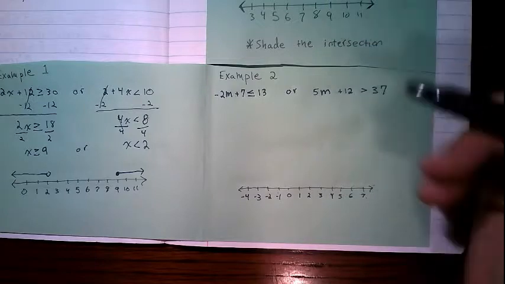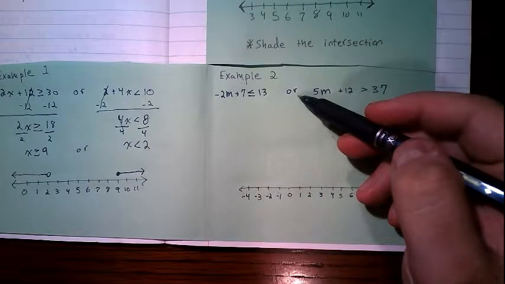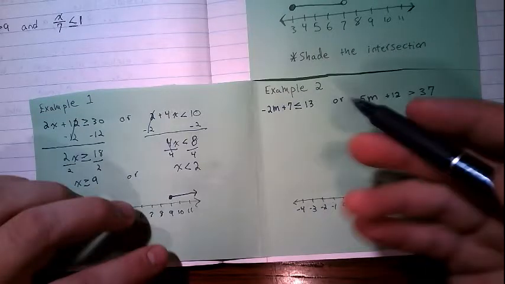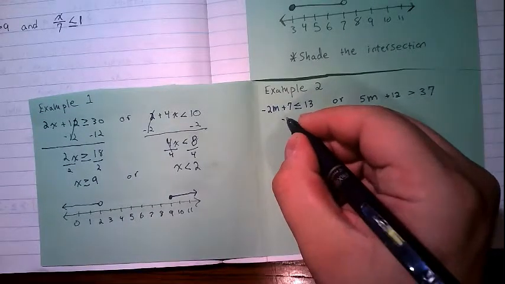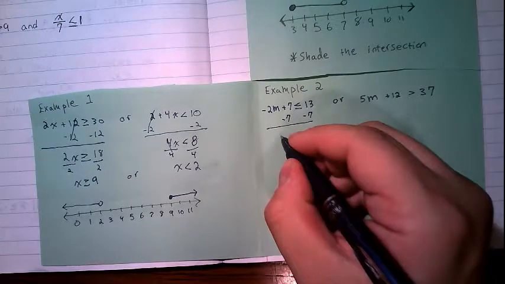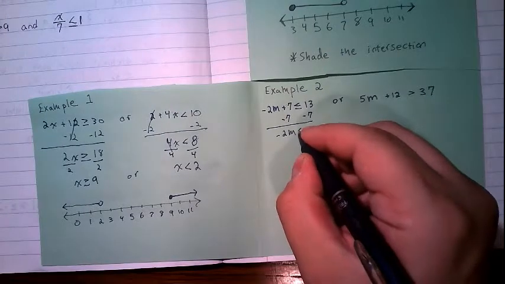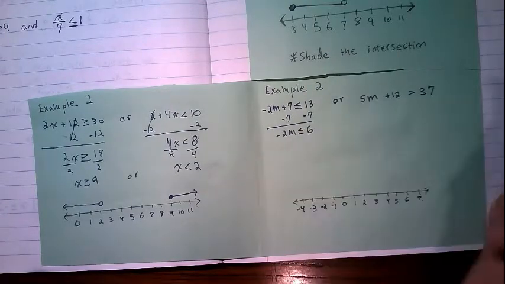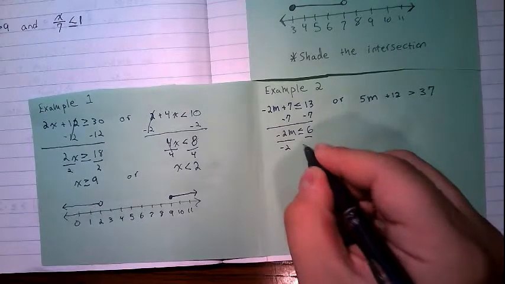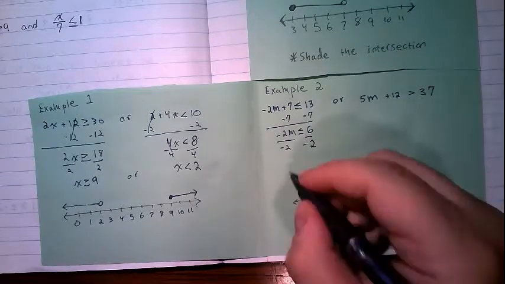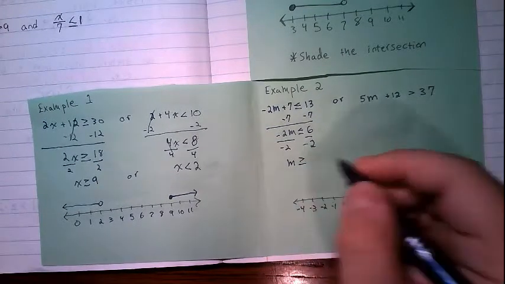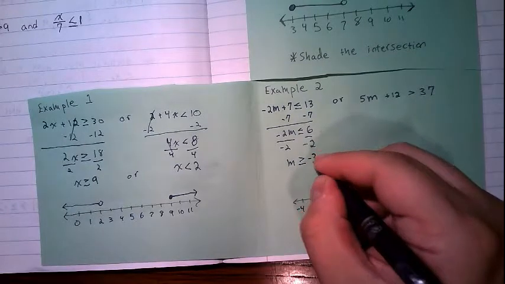Similar strategy. I have an or, but I've got 2 separate inequalities I have to solve. So let's start with the left one. I subtract 7 from both sides. Negative 2m is less than or equal to 6. Divide by negative 2. M is greater than or equal to negative 3.